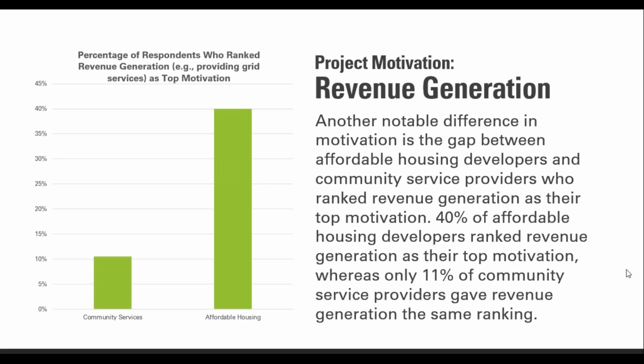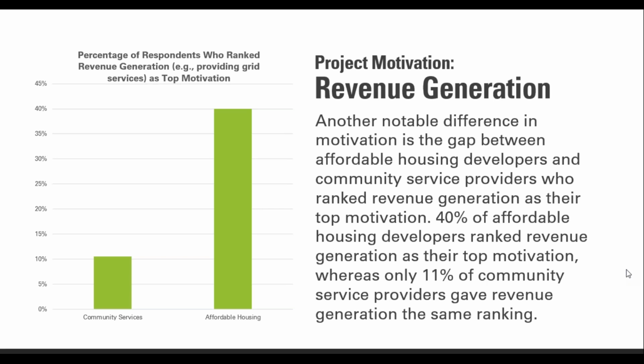So this is another chart which just isolates that difference in rankings. There's a number of reasons why affordable housing providers might rank resilience as lower than bill cost savings, and a lot of it does just come down to a difference in mission scopes. Most affordable housing developers are trying to make the economics of a solar and storage project work while managing often a portfolio of properties, many of which are operating on fairly thin margins to begin with.